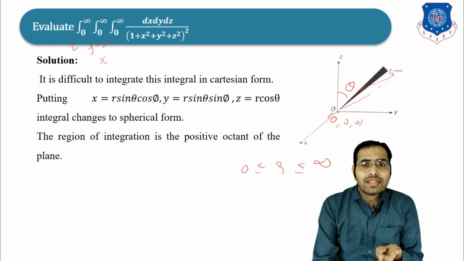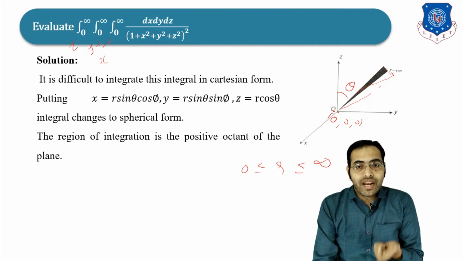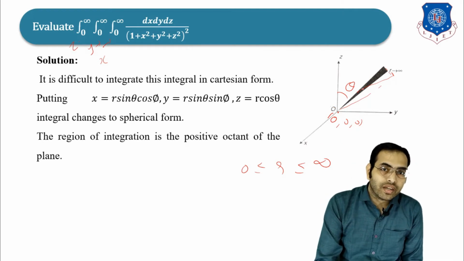Theta is nothing but the angle between the z axis and the radius vector.